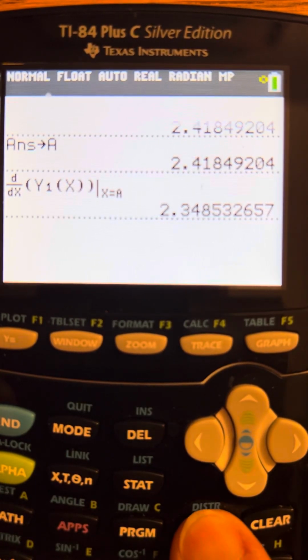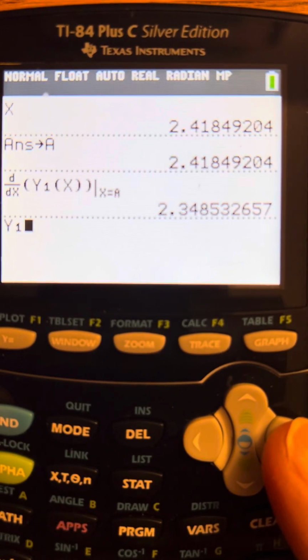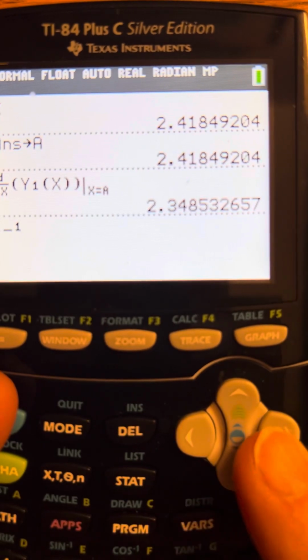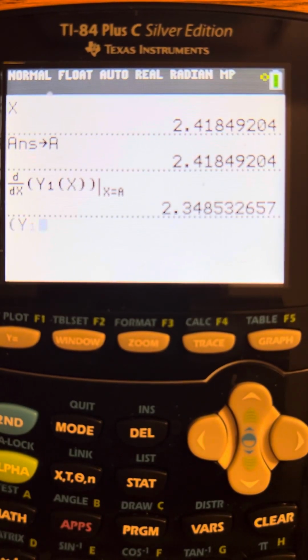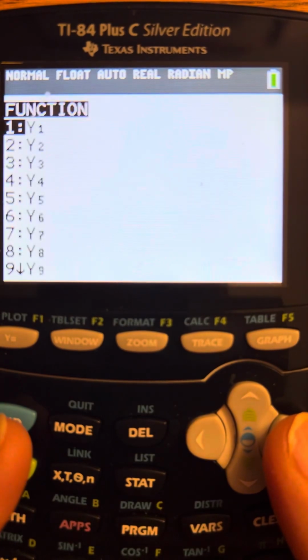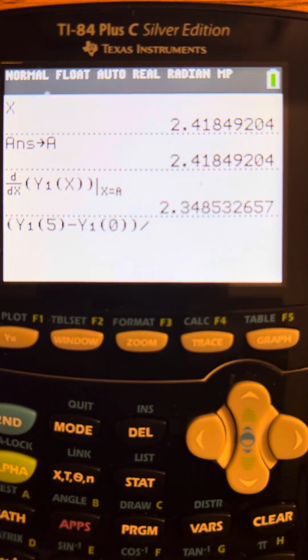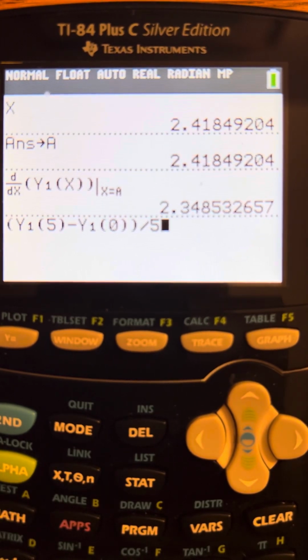Now let me see what that secant slope is. So I'll do y sub 1, oh, insert parentheses though. Y sub 1 of 5 minus y sub 1 of 0 divided by 5, and then my face will be red if it's not 2.348.